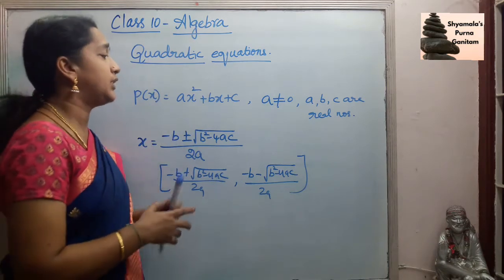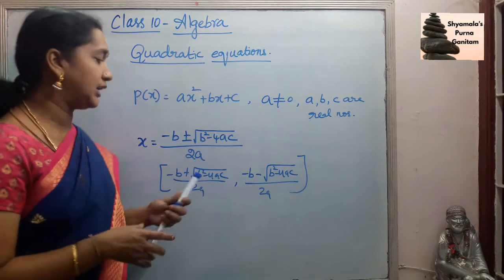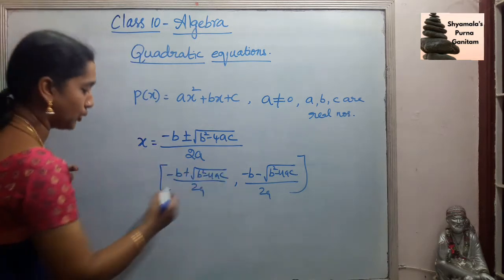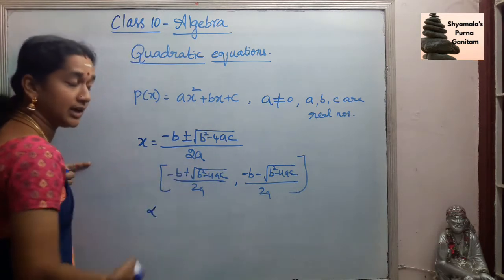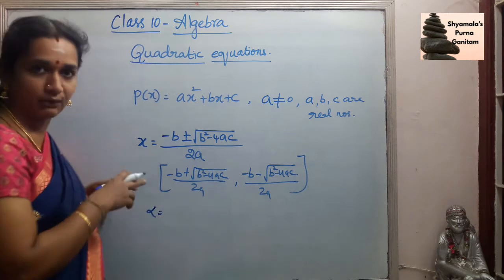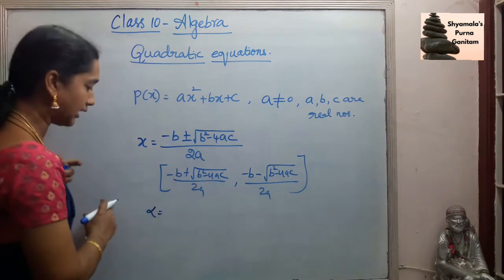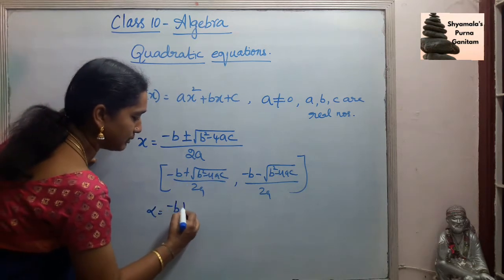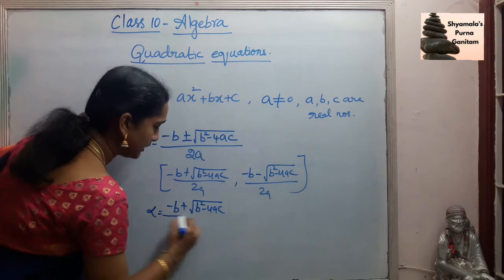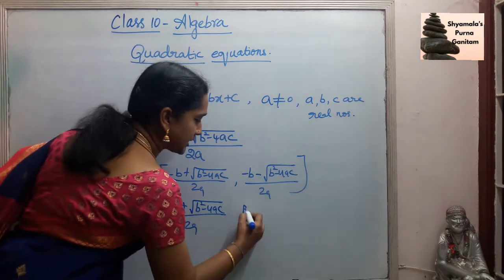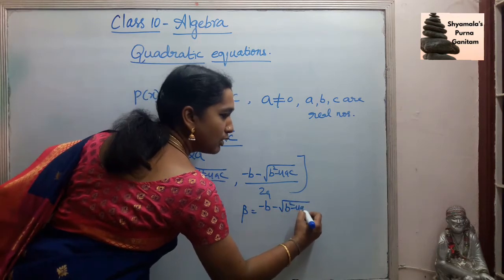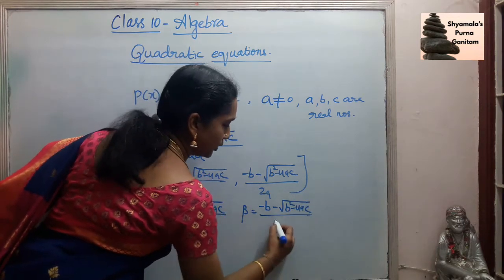Now we will take the two roots as alpha and beta. We will take one root as alpha, the other one as beta. So alpha is equal to minus b plus root of b squared minus 4ac by 2a and beta is equal to minus b minus root of b squared minus 4ac by 2a.